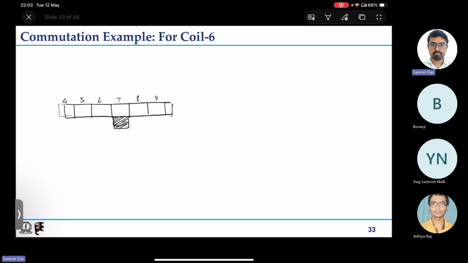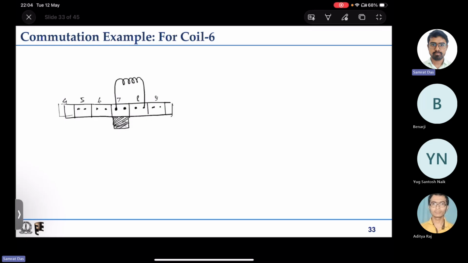So there are two coil sides. This is one end, this is another end. These are the two ends of the coil sides, right? So say from 7, this is the coil and it's coming to 8. So this is one coil.